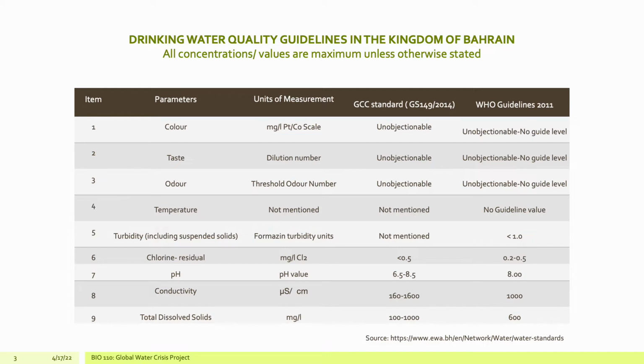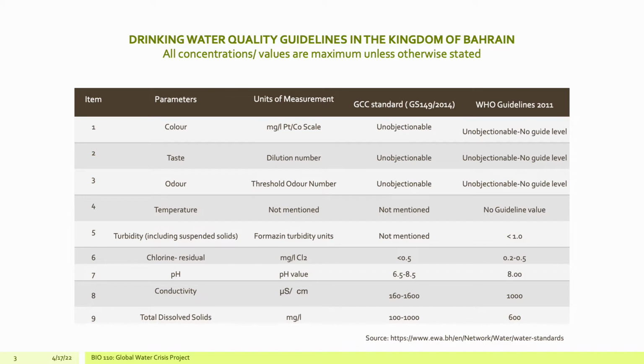So you can see that the parameters they're really testing for are color. They're looking at the color of the water. They're checking or looking at the taste of the water, how the water smells or the odor, the temperature of the water, the turbidity, meaning if it has any solids in it or not, the residual chlorine, right?